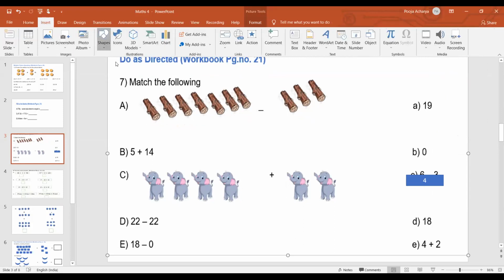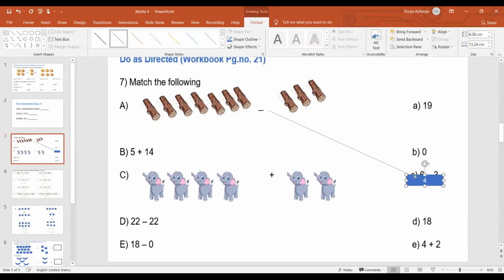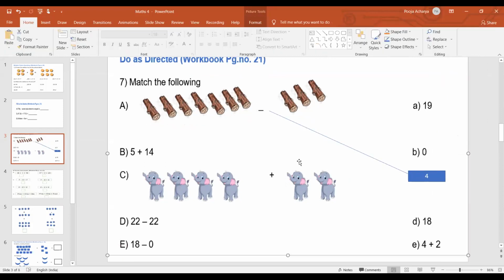Let us match this. Okay. Then 5 plus 14. Take 5 in your hand. Count after 14.